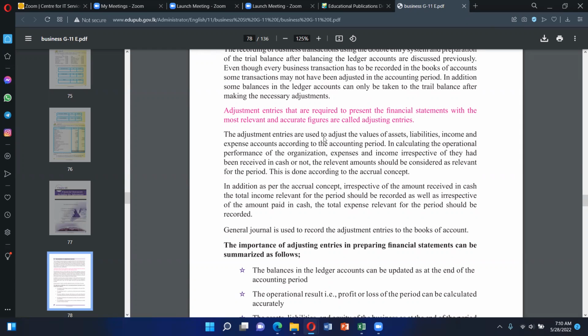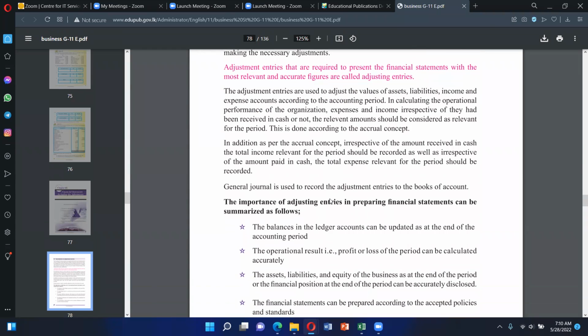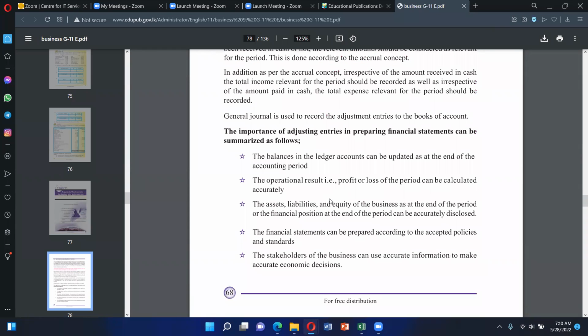And these adjustments will be recorded in general journal.